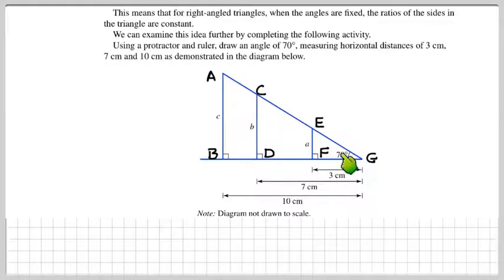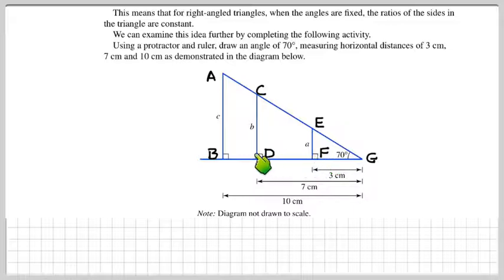You see, in this triangle here, with this angle here, this triangle EFG is exactly the same shape as triangle GDC, and is exactly the same shape as triangle GBA. They're all the same shape. They all, therefore, have the same 70-degree angle in them because they're right-angle triangles, and they are the same shape.